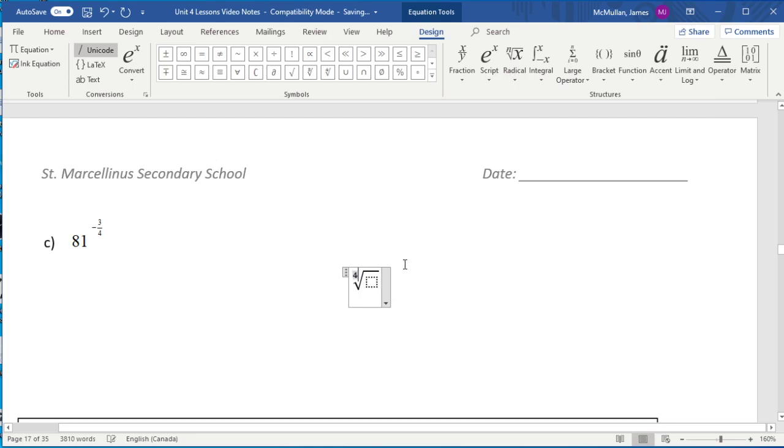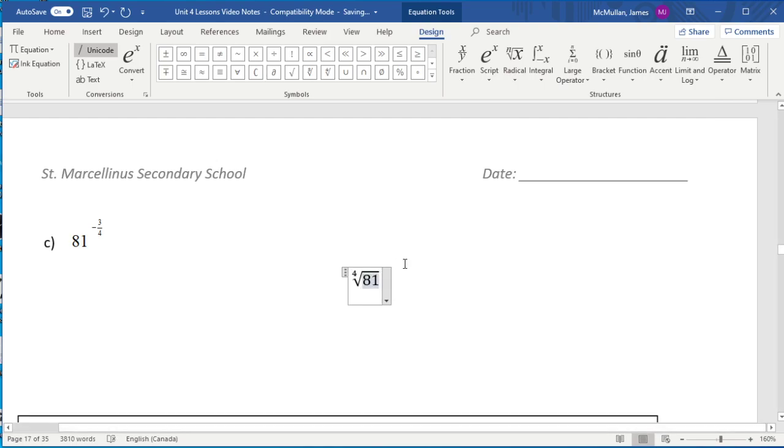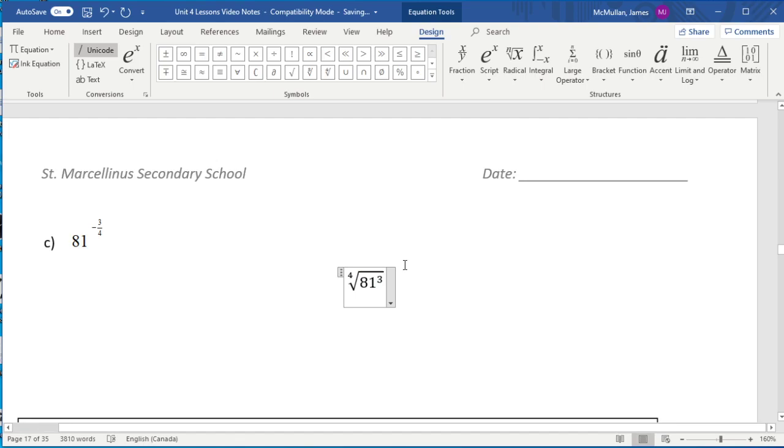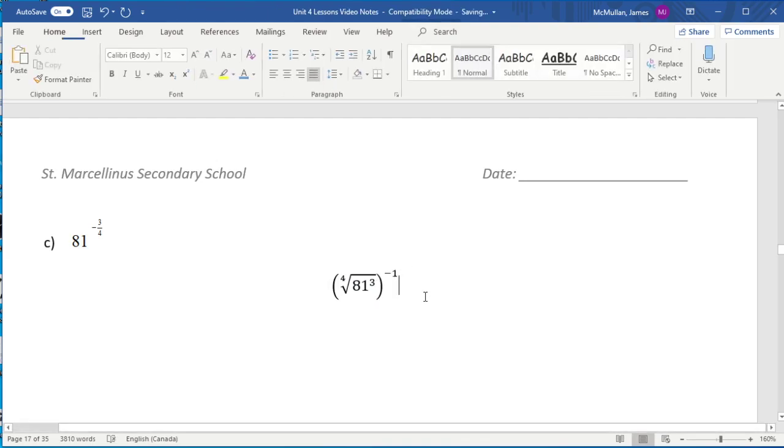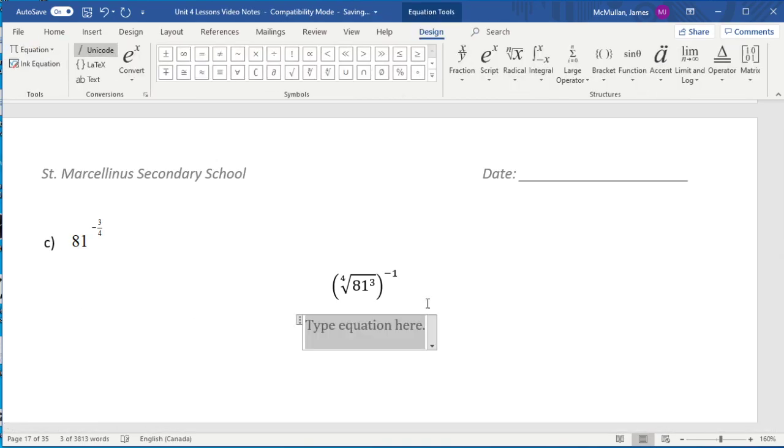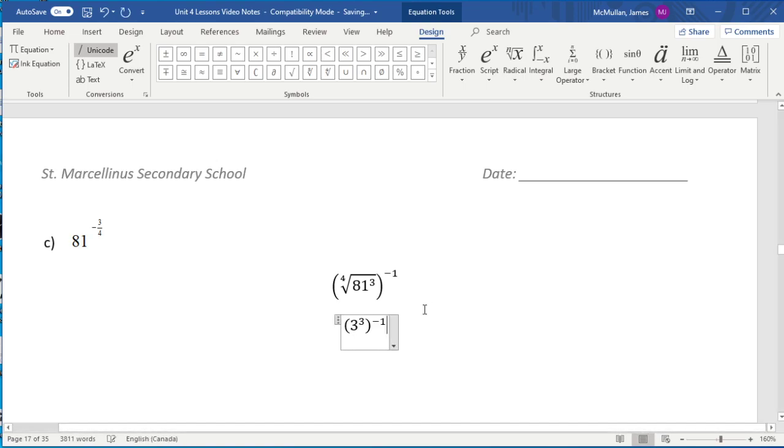Okay, the 4 goes there, the 81 goes there, and it's cubed. And then let's put the whole thing to the power of -1. So basically, I'm going to do the -1 at the very end, right? So let's see what this looks like. The 4th root of 81 is 3. So it's 3 cubed to the -1.